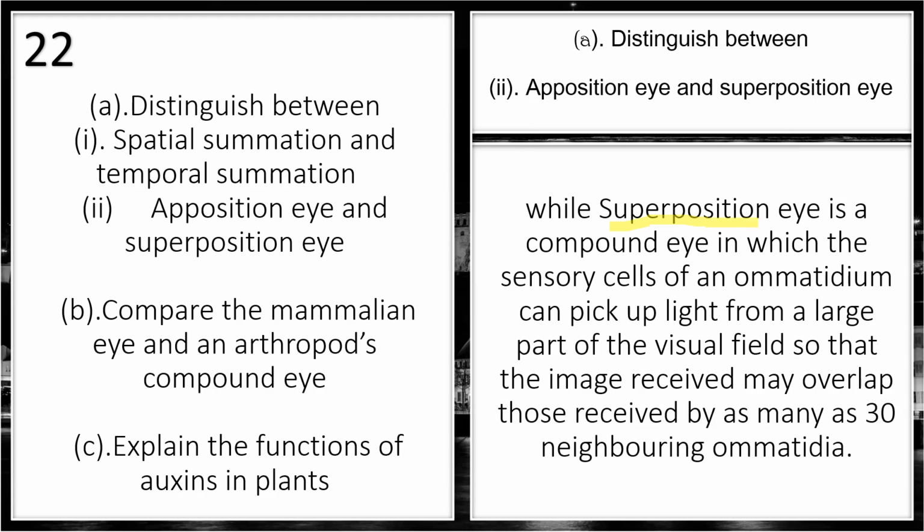Whereas superposition eye is a compound eye in which the sensory cells of an ommatidium can pick up light from a large part of the visual field, so that the image received may overlap those received by as many as 30 neighboring ommatidia.